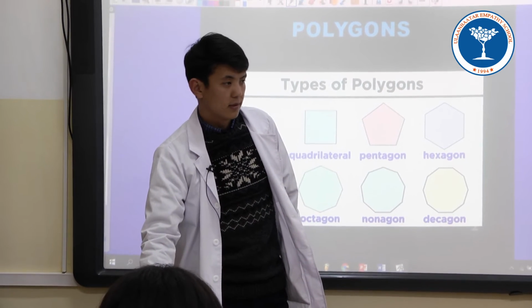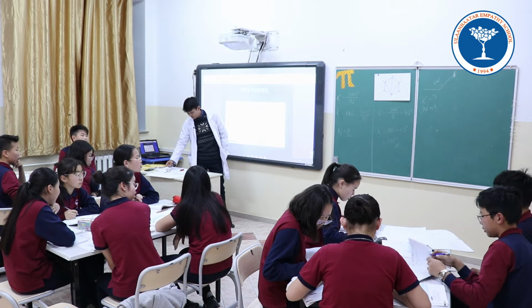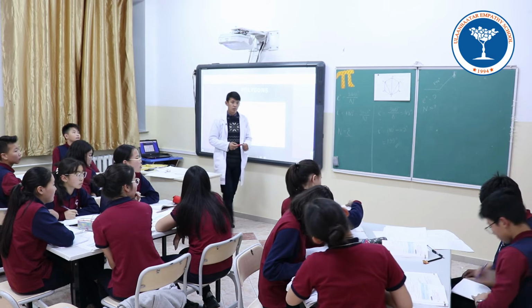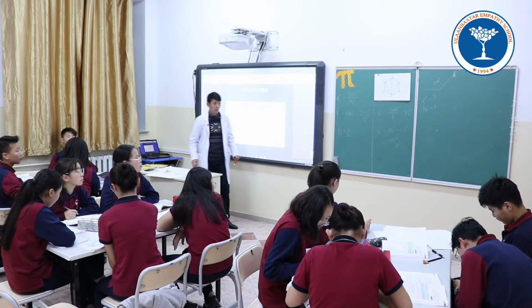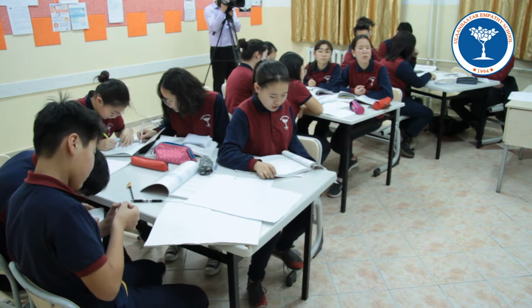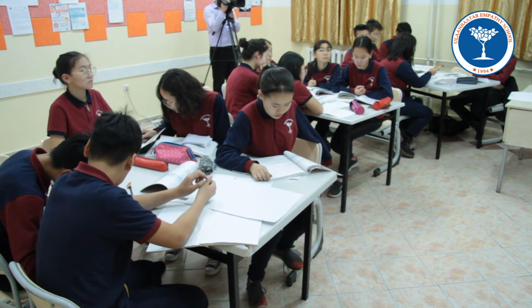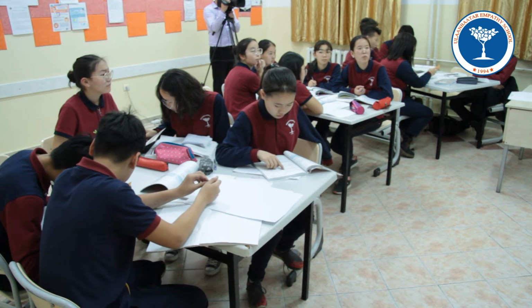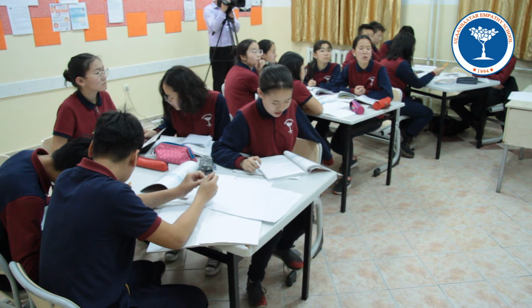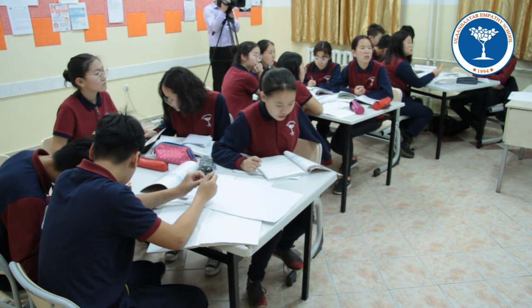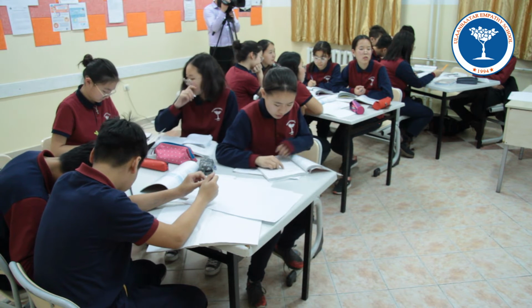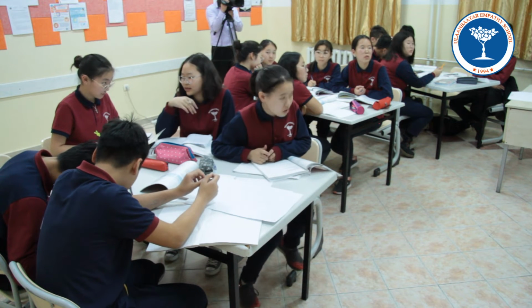Raise your hand, please. Okay, Ondram. We can find the number of sides first. Now, first we should find the exterior angle, yes?